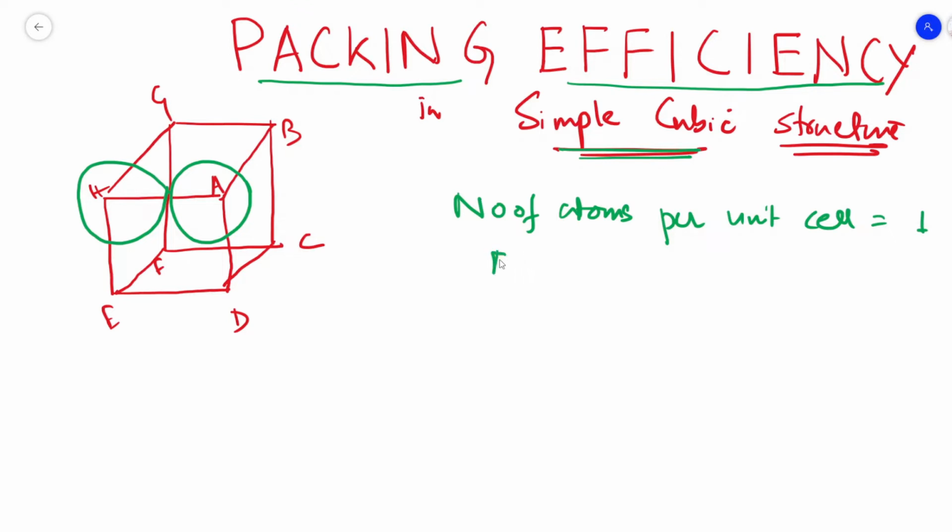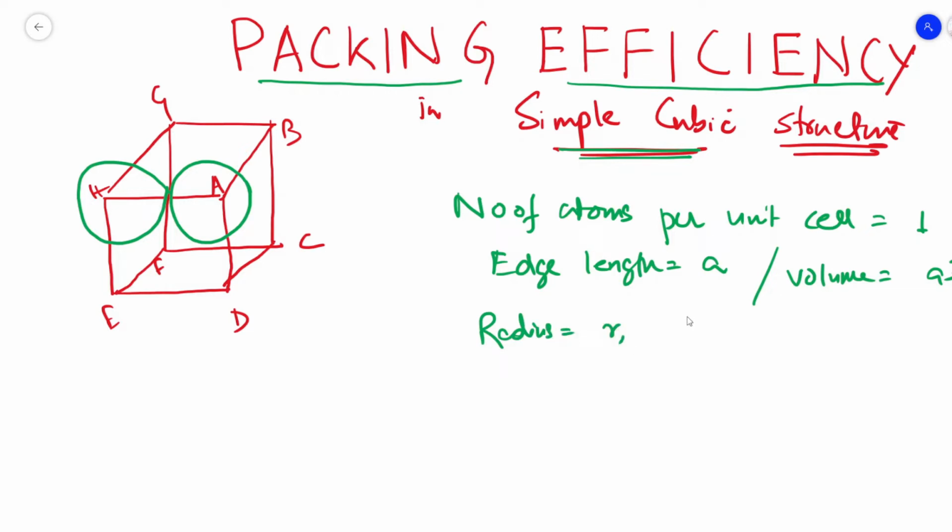The edge length of the unit cell is a, so the volume of the unit cell will be a cube. The radius of the sphere is r, so the volume of each sphere is 4 by 3 pi r cube.